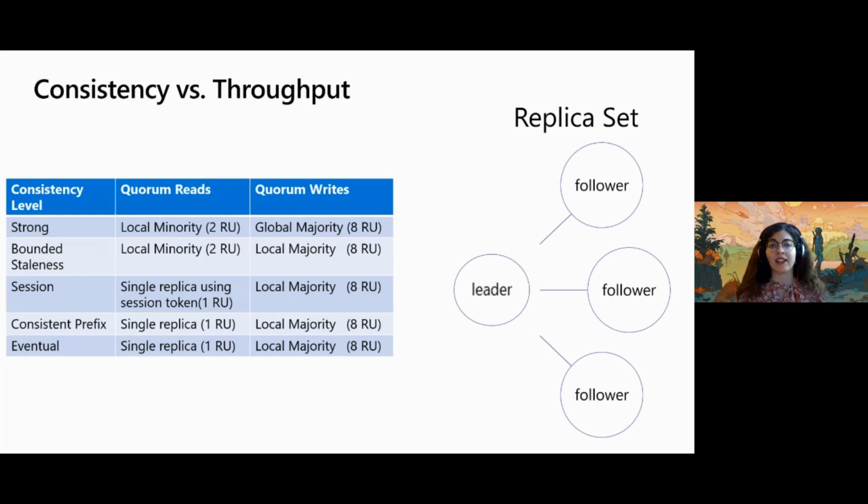The only difference that we get is the latency. All the writes cost 8 request units, even with strong consistency, where we need to get the majority in the other regions as well in order to respond back. But this impacts only the latency, not the cost of the operation.